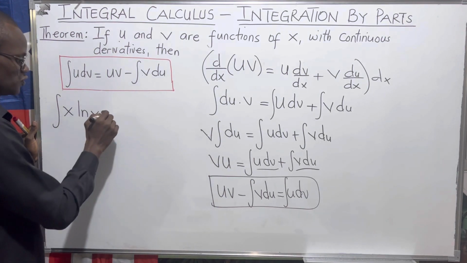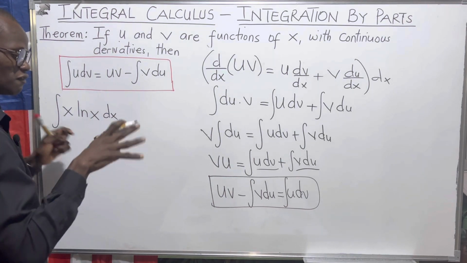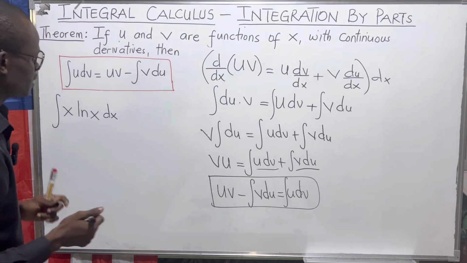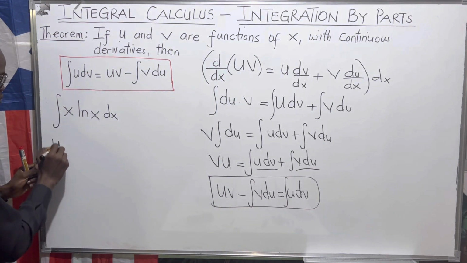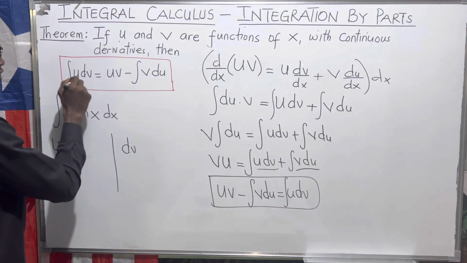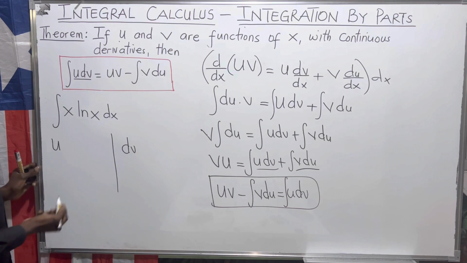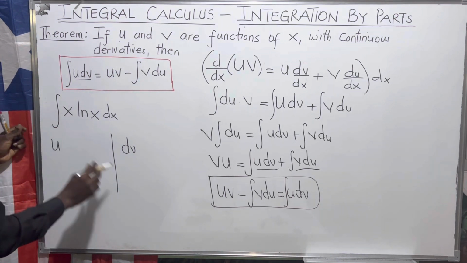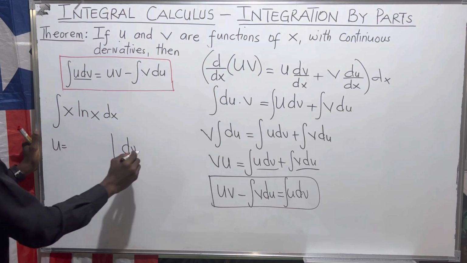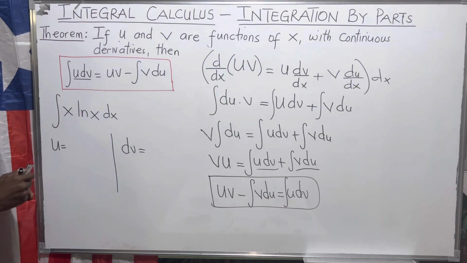We're going to solve a few problems of different forms. So this is the first form. The first thing we need to do is to identify our u and our dv. Our u should be something that we will be differentiating, and dv is what we'll be integrating.